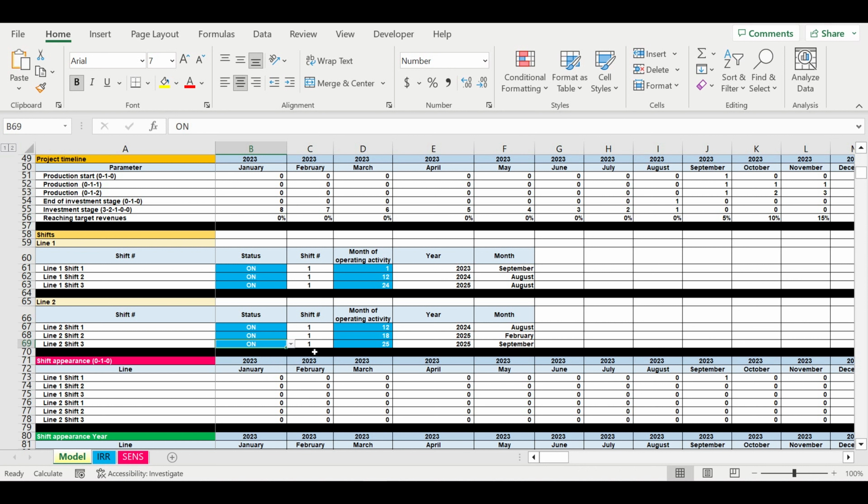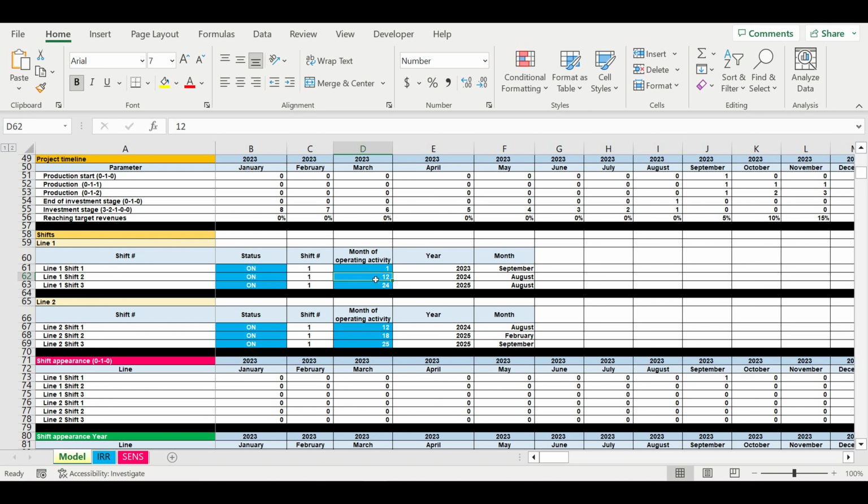And the second story is when each shift starts. So they also play, for example, with when each shift starts operating. This one starts from the first month of operating activity, shift number 2 occurs after 12 months of operating activity, and the third one happens when we are working 2 years after the start.